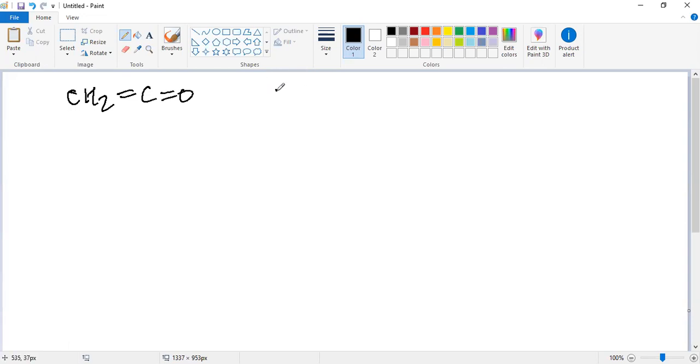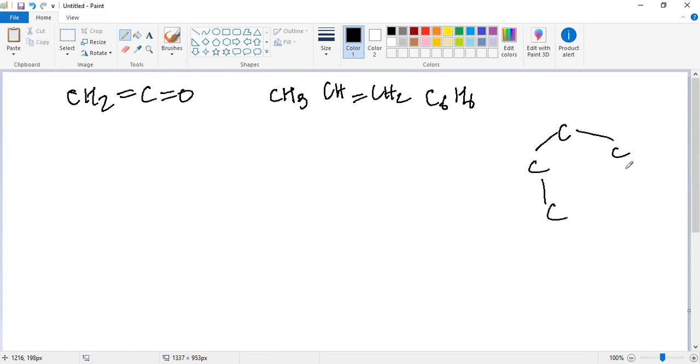Then the other example that I have is CH3CH double bond CH2. Then I have C6H6. This C6H6 I represent in this manner, my dear students, and each carbon has got hydrogen.